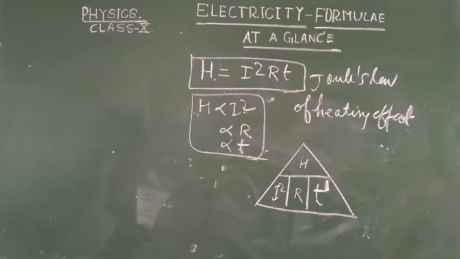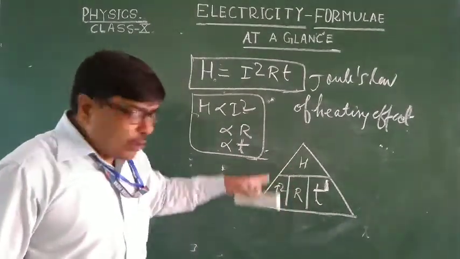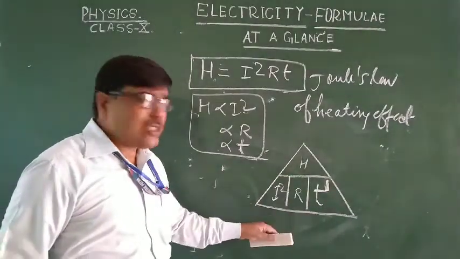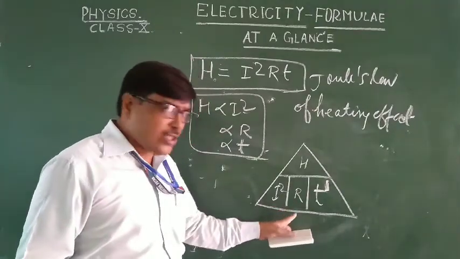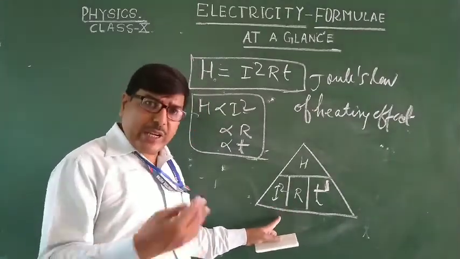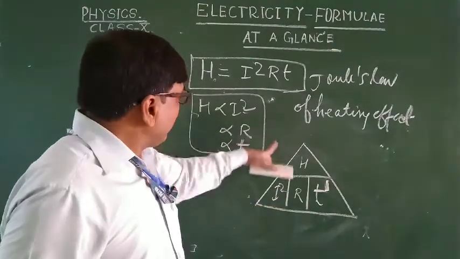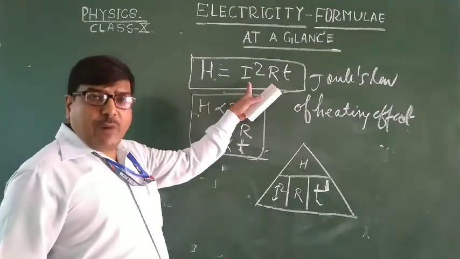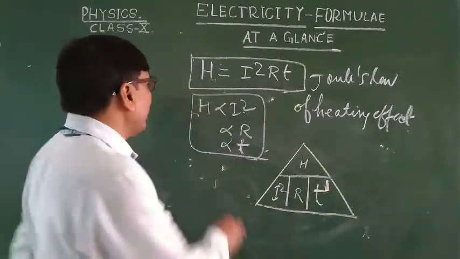In a given electrical circuit, which consists of various devices and resistors and a source connected, the amount of heat produced depends on these three parts: current, resistance, and time taken.